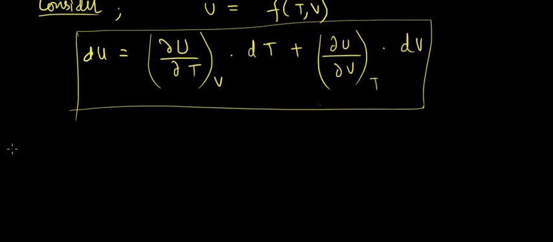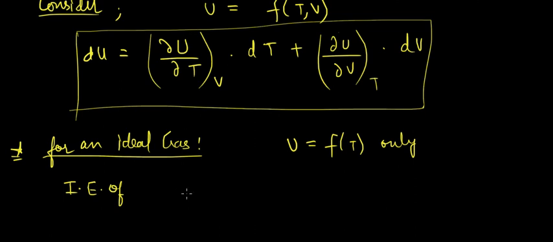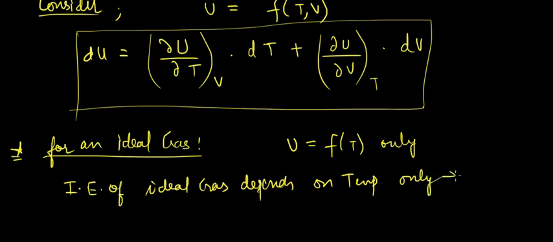For an ideal gas, we can say that u is a function of temperature only. It is independent of volume, so the internal energy of an ideal gas depends on temperature only. We can write that u is equal to kinetic energy plus potential energy.